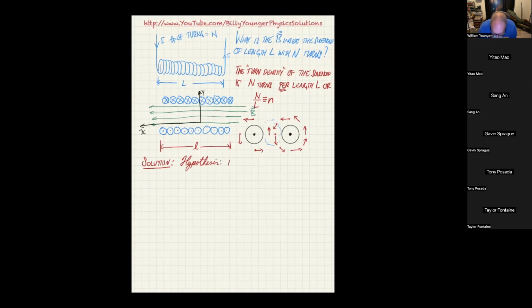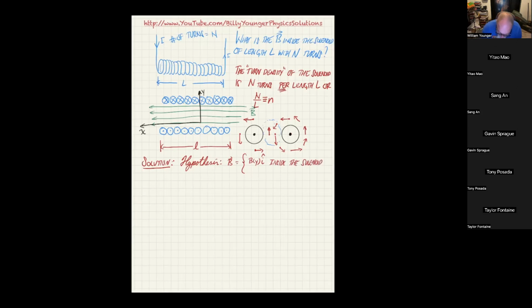The hypothesis is that B is going to be equal to B of y, meaning I only think it's going to depend on y, times i hat, inside the solenoid.